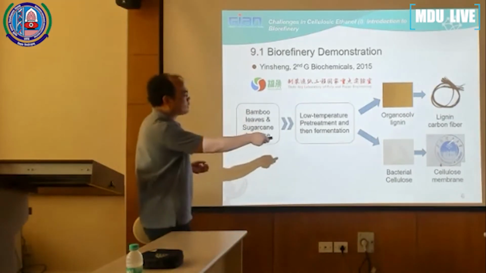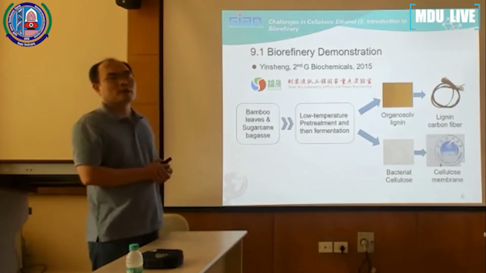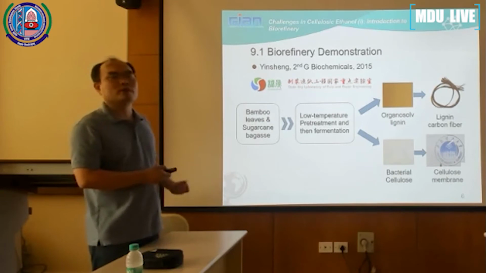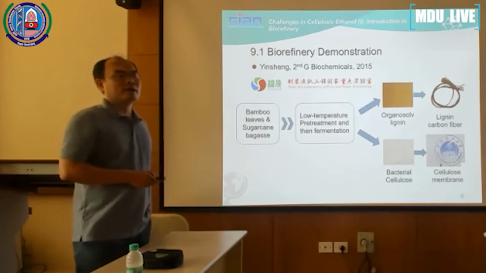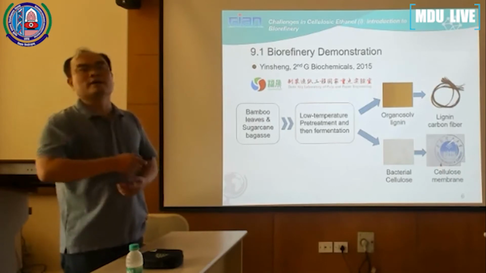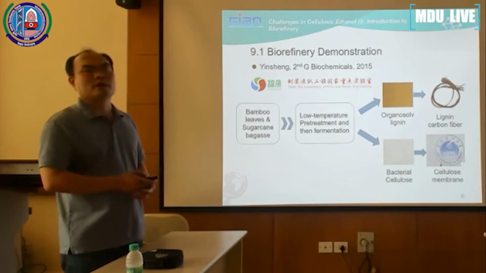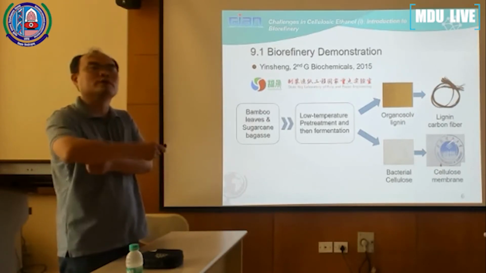We call it organosolv lignin. It derives from the acetic acid pretreatment of biomass. This pretreatment is very important in the textile industry because it is used to produce dissolving pulp. Dissolving pulp is a replacement for cotton.